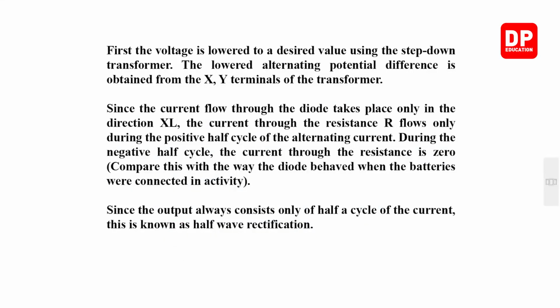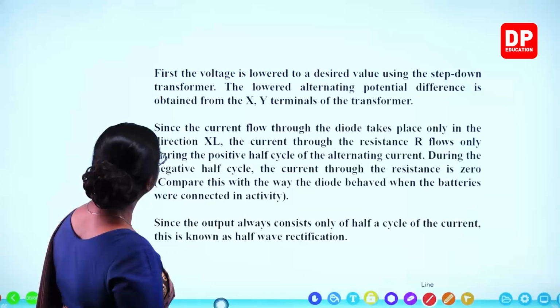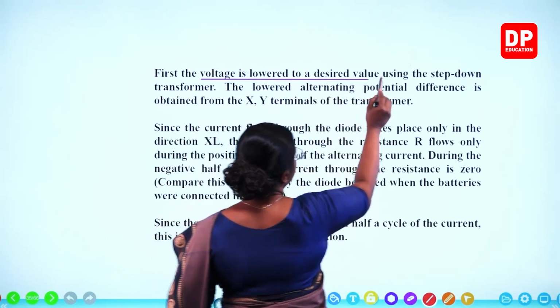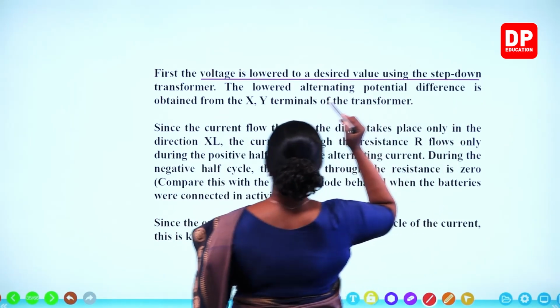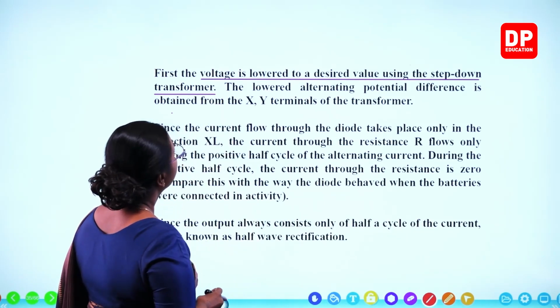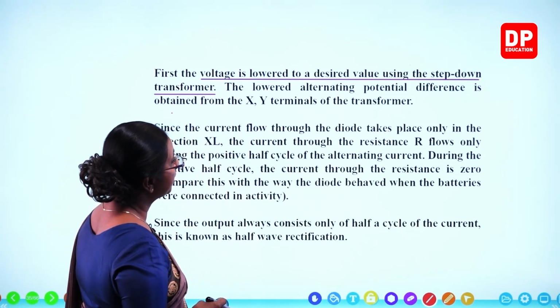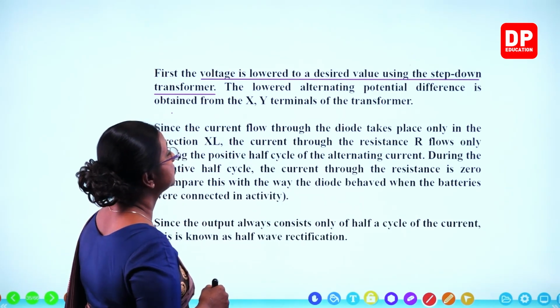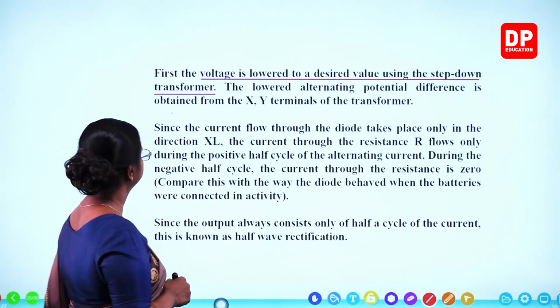So here, you can see first the voltage is lowered to a desired value using the step down transformer. The lowered alternating potential difference is obtained from the XY terminals of the transformer.